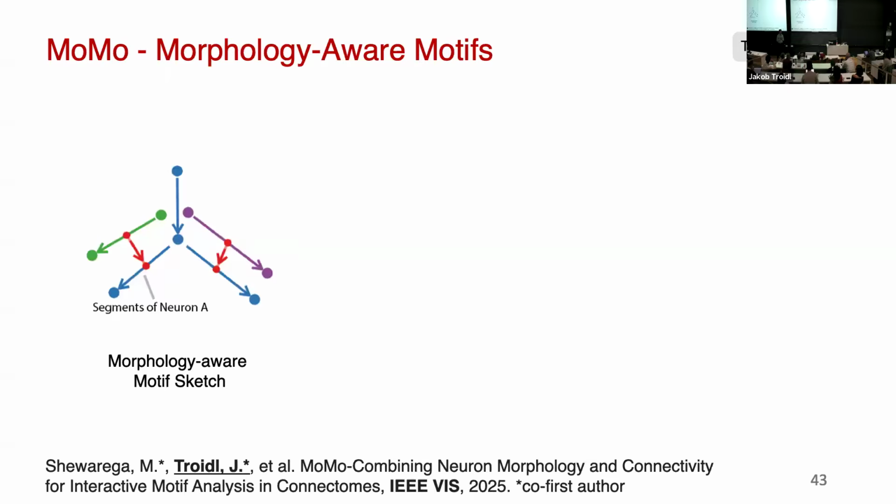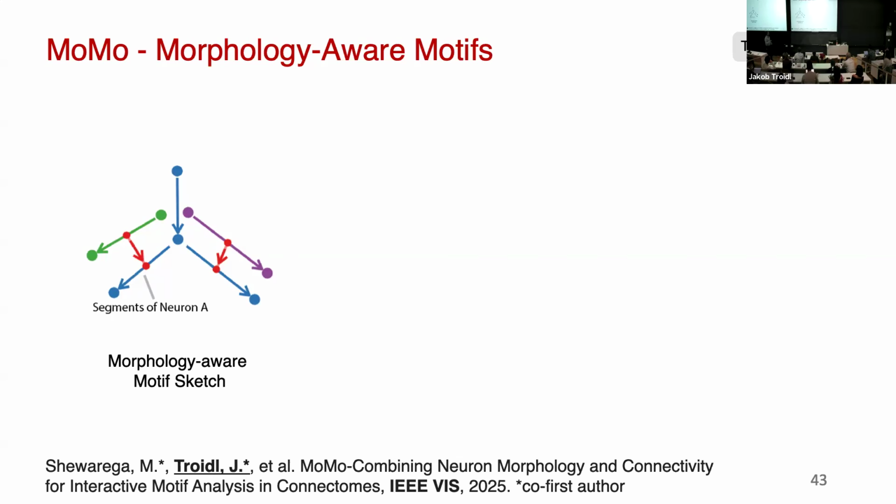And based on that insight, or based on that limitation that we previously had in VMO, we've designed another tool called MOMO that combines connectivity between neurons, but also looks at the morphology of neurons. So this is, again, a very simple hello world example.